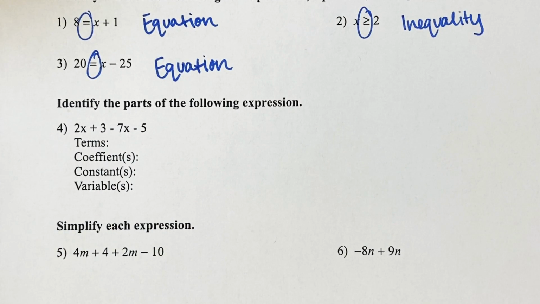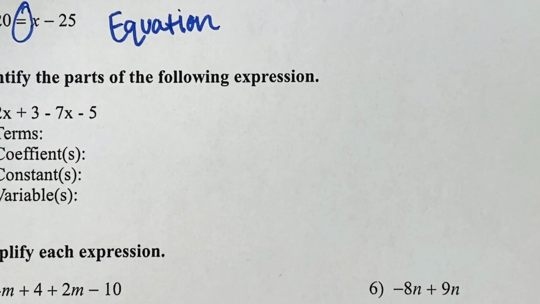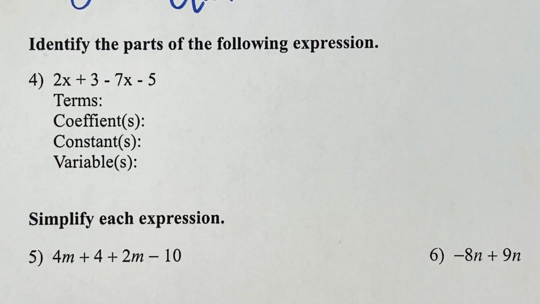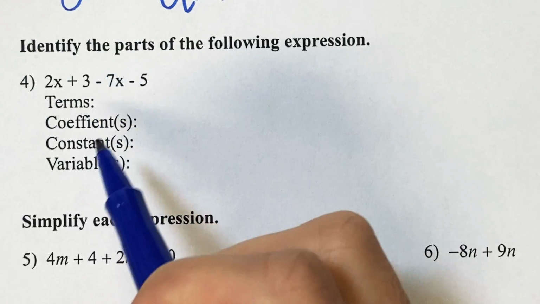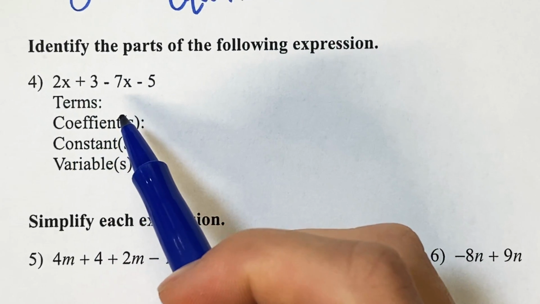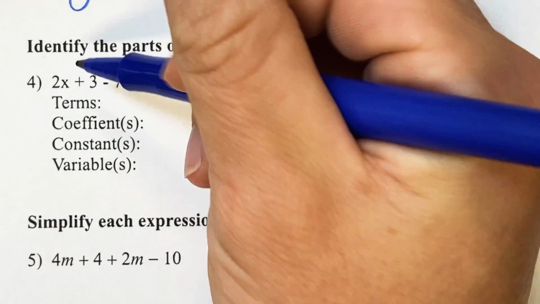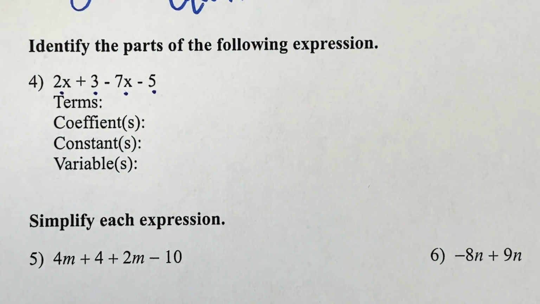Okay, so in number 4, now it's asking us to identify the parts of the expression. Okay, so here's our expression right here. So we need to identify the terms. Okay, remember terms are separated by plus and minus signs. So if they're separated by plus and minus signs, that means I have 1, 2, 3, 4 terms right there.